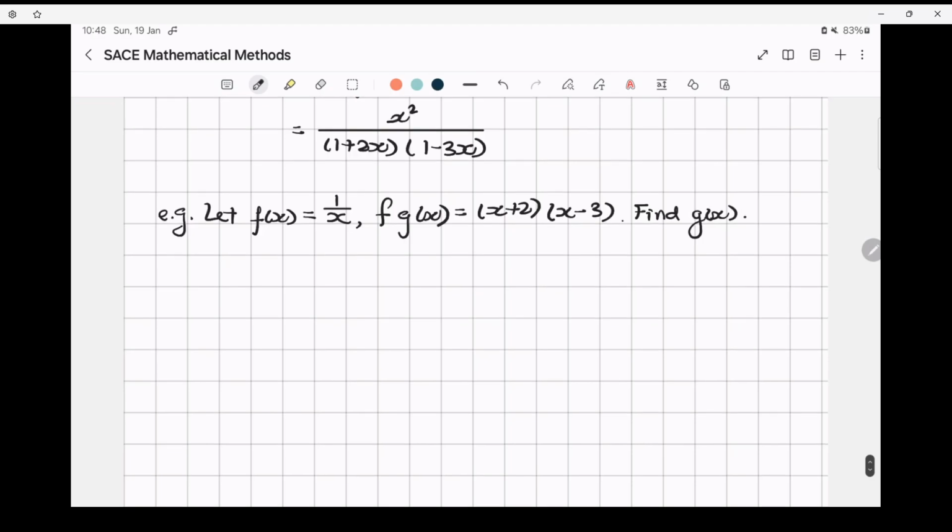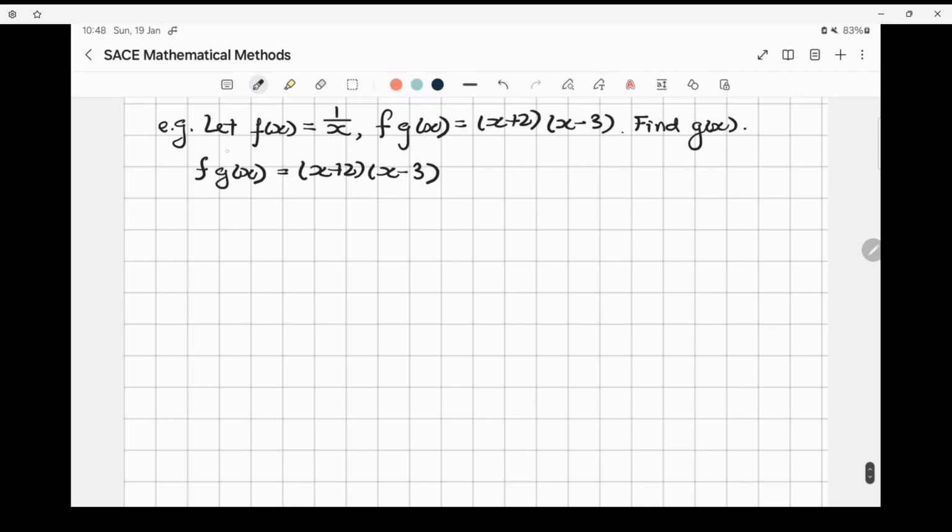So what you would do in this case is you define f of g as (x plus 2)(x minus 3). Then over here, f by itself is 1 over x.